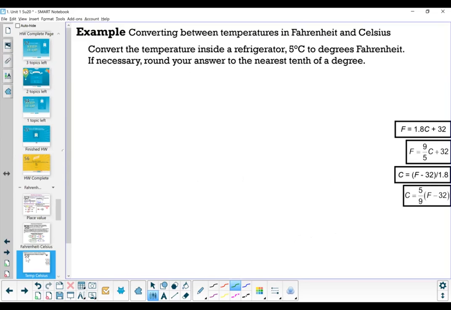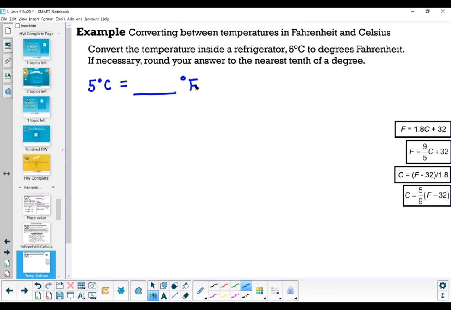So the question says, convert the temperature inside a refrigerator, 5 degrees Celsius, to degrees Fahrenheit. All right, so we have 5 degrees Celsius, and we want degrees Fahrenheit.